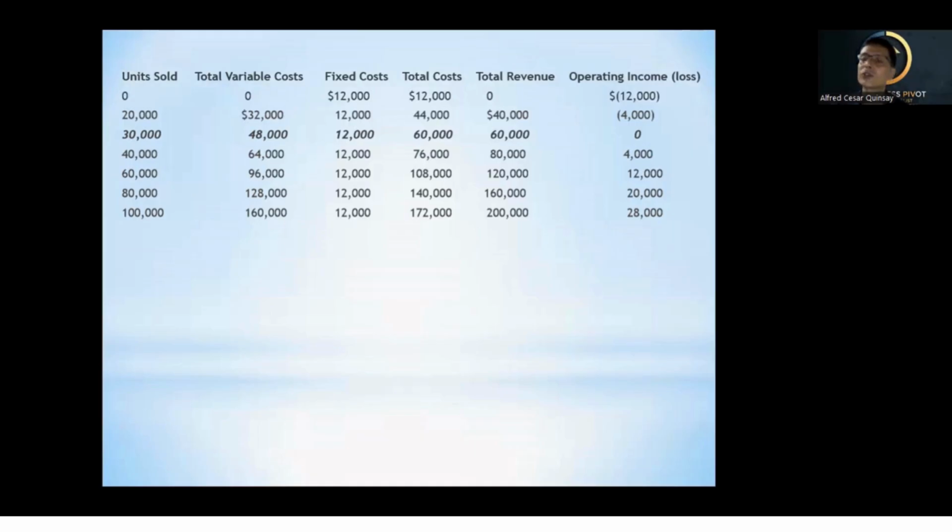That's why their profits are not increasing as much as they would want to, compared to the leveraged one, which has exponential profits. Because once they have already overcome the break-even, yung fixed nakapako na lang yan, no? So for every unit they sell, they would incur lesser variable costs.